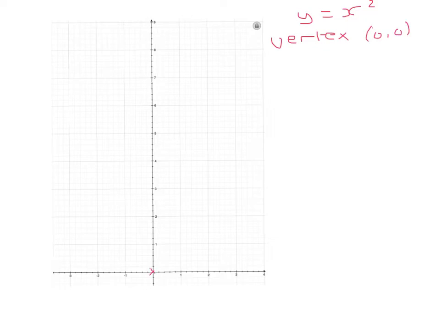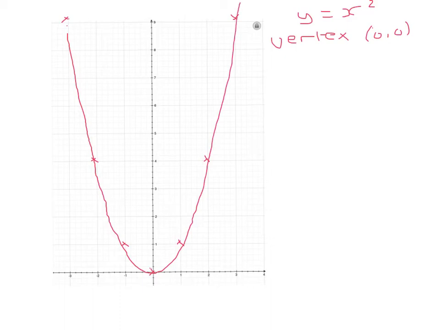And we know from the vertex we go out 1, up 1 on both sides, out 2, up 4, because that's 2 squared on both sides, and then out 3, up 9, because that's 3 squared on both sides, and so on. And then we draw a nice supposedly smooth curve through them. So that's y equals x squared.